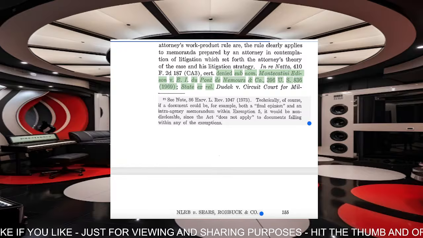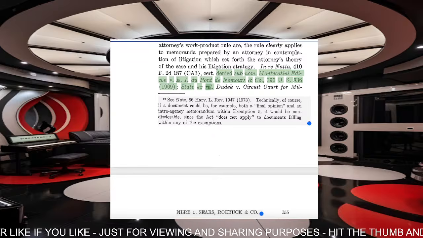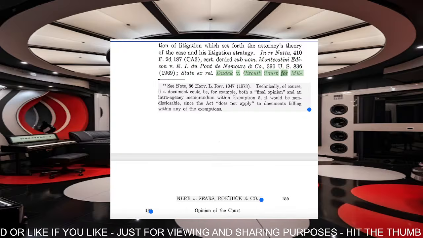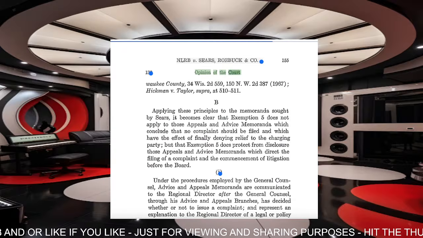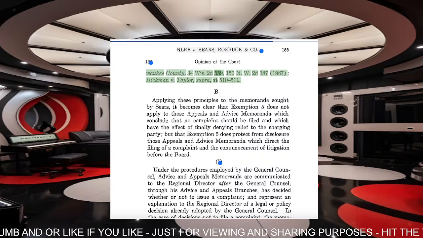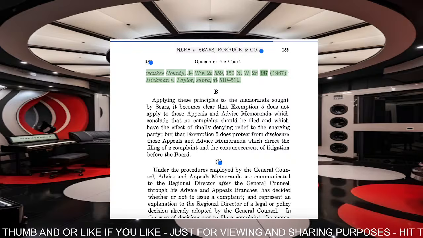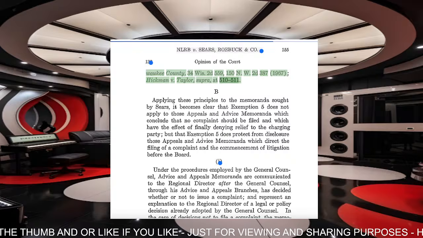E.I. DuPont de Nemours & Co., 396 U.S. 836; State ex rel. Dudek v. Circuit Court for Milwaukee County, 34 Wis. 2d 559, 150 N.W.2d 387; Hickman v. Taylor, supra at 510 to 511.